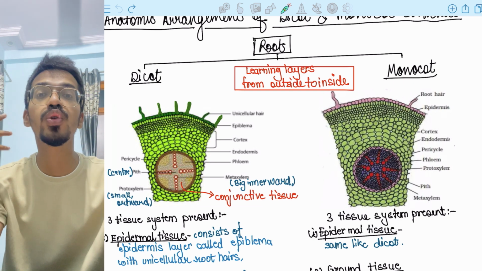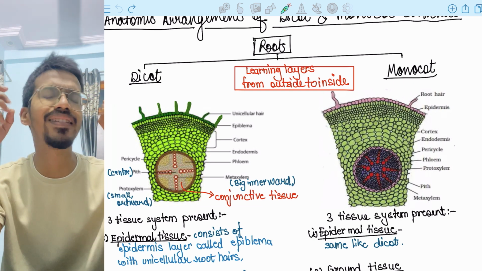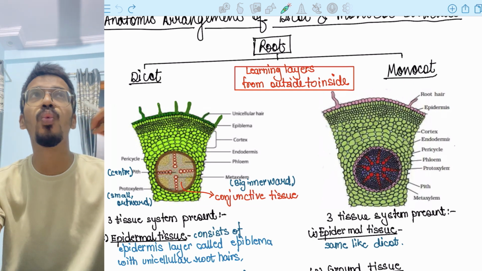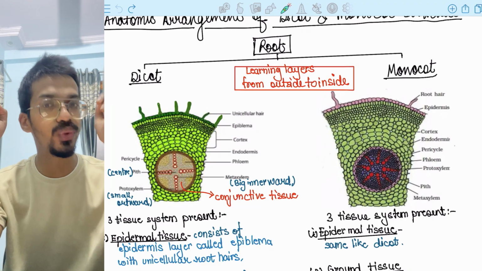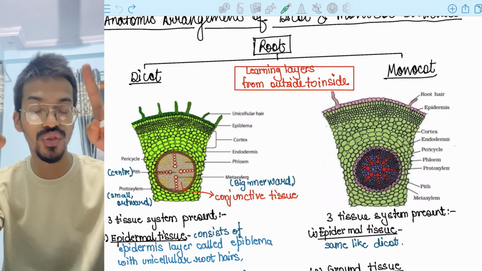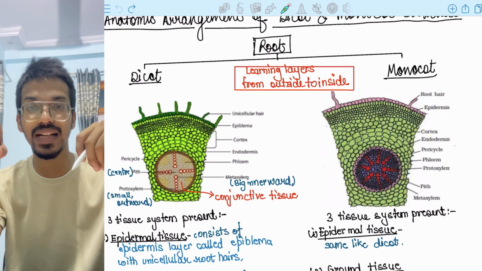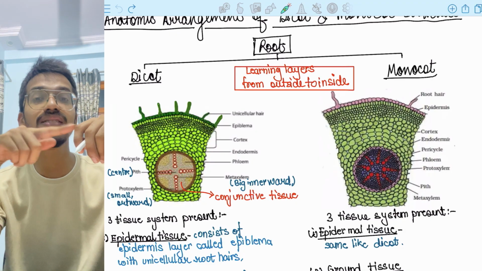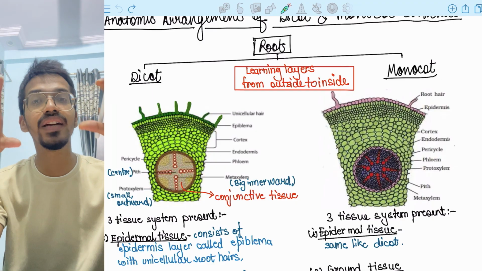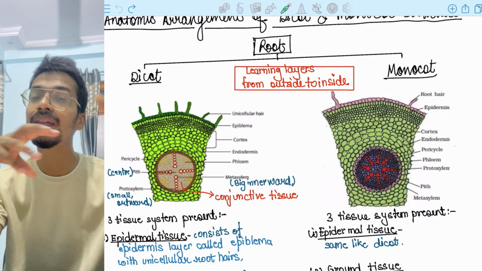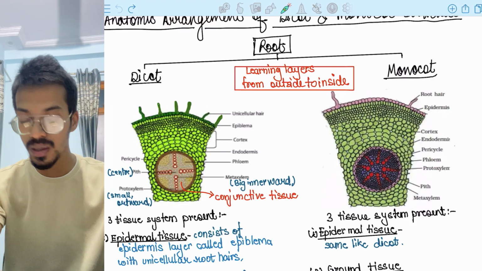And over here also, if you see protoxylem and metaxylem, if you remember, we have even studied how the proto and metaxylem are present, that tells us what kind of arrangement it is, exarch or endarch. You remember in case of roots, we have exarch. Exarch means that in the center there will be metaxylem, and outside there will be protoxylem.